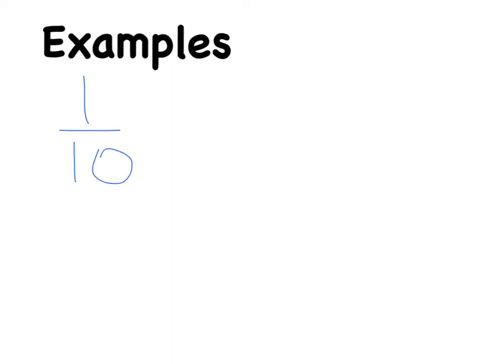Now, my definition said that I can change a fraction to a percentage by multiplying the fraction by 100%. If I just go 1 on 10 multiplied by 100%, without my calculator, I can't really do anything there.